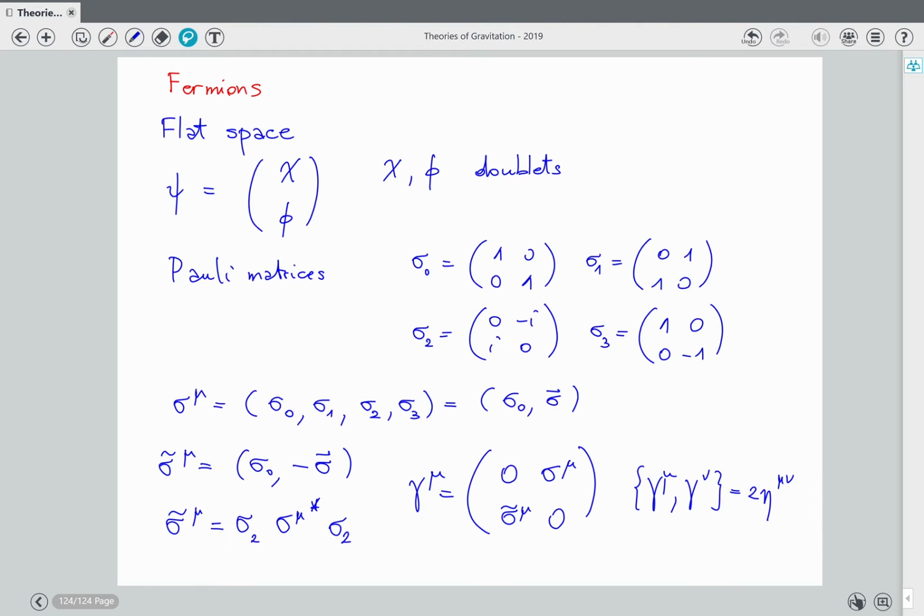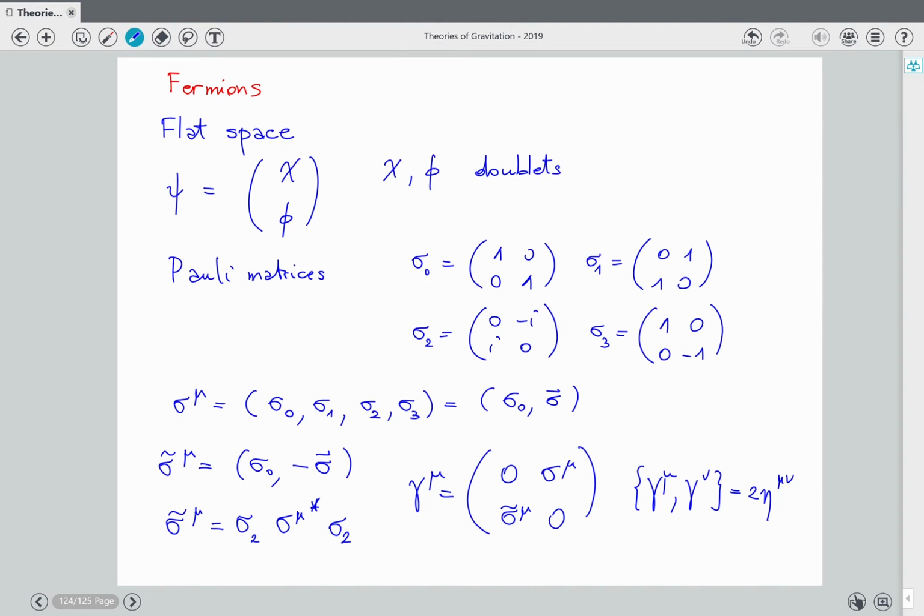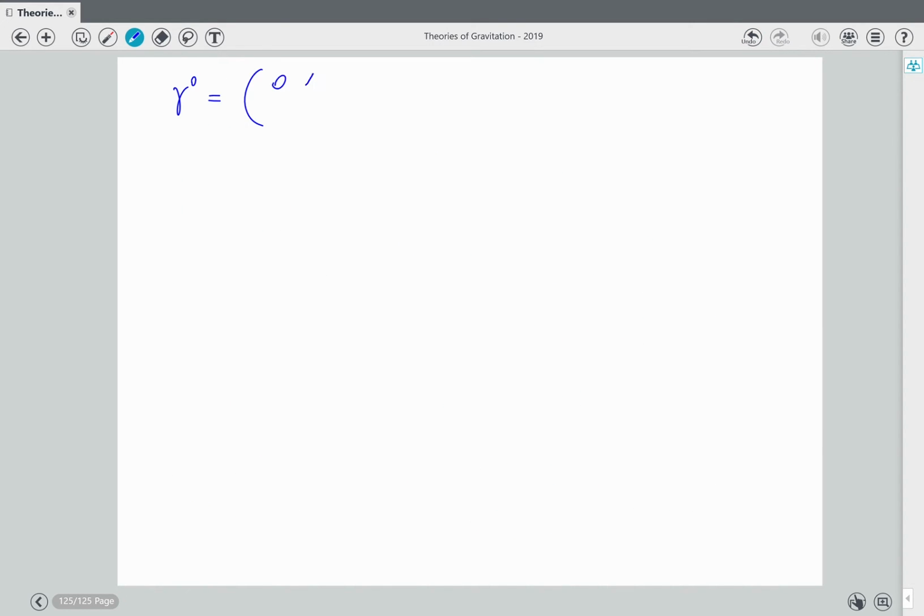A property that we need to stress and we use is that gamma 0 is equal to 0, sigma 0 is 1, 1, 0. So gamma 0 squared is equal to 1.